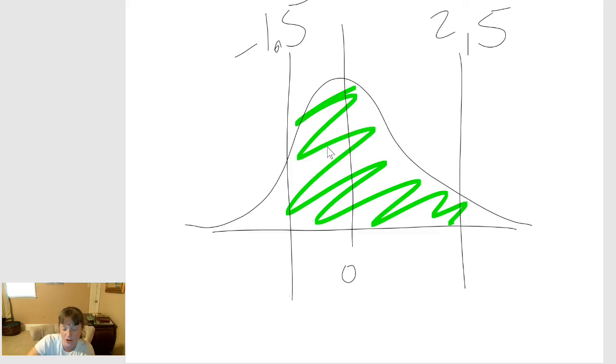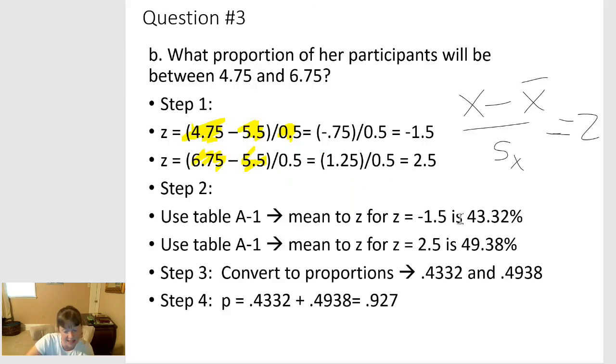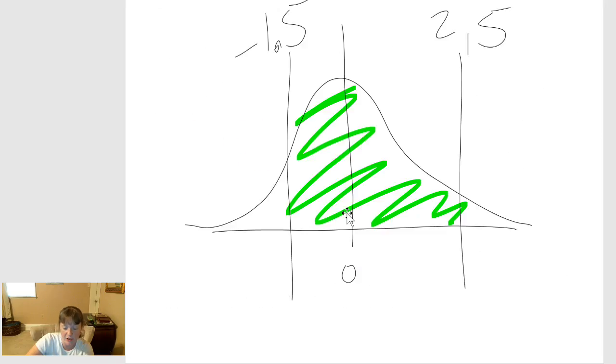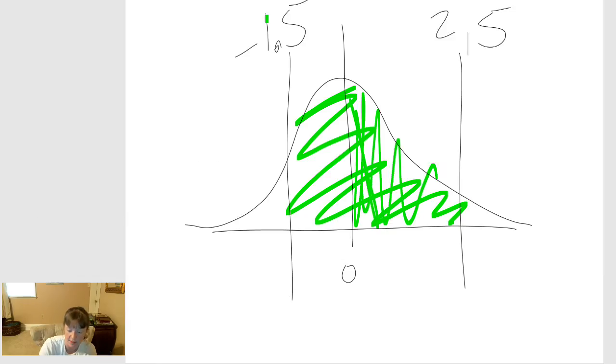I know that the standard normal table can tell me the mean to z, from the average of 0 to the z-score of 2.5. The mean to z can tell me who's in here. And then the mean to z can tell me from the average to 1.5 who's in here. And then you just add them together.